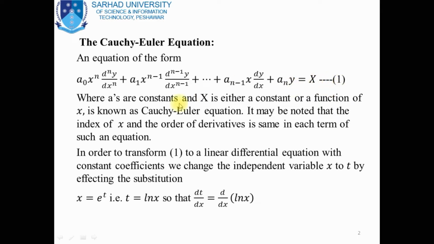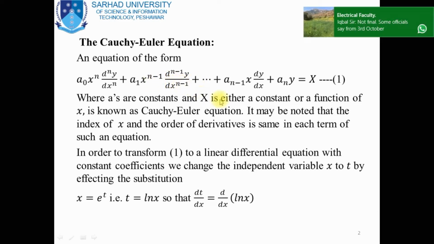In this equation, the a's are constants and X is either a constant or a function of x, and it is known as the Cauchy-Euler equation. So dear students, this is the Cauchy-Euler differential equation, and in this video lecture today we are going to solve it.